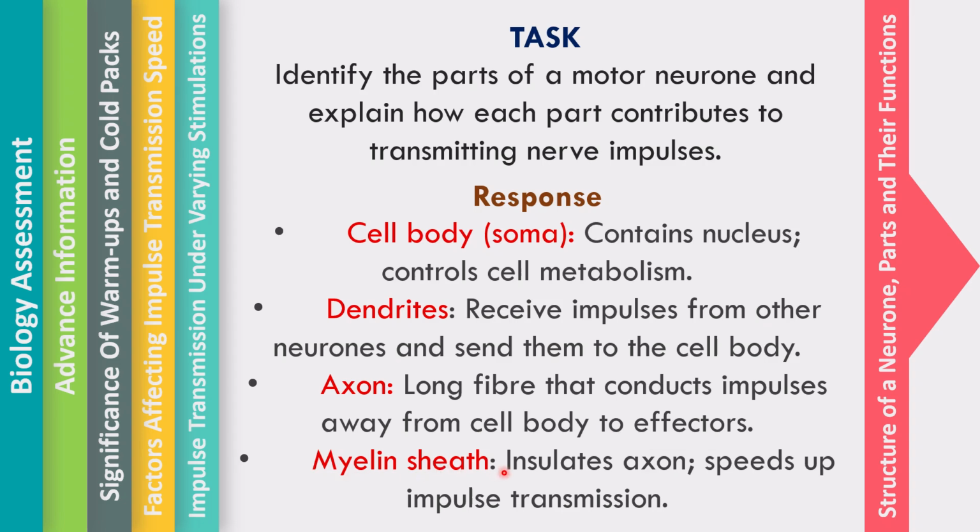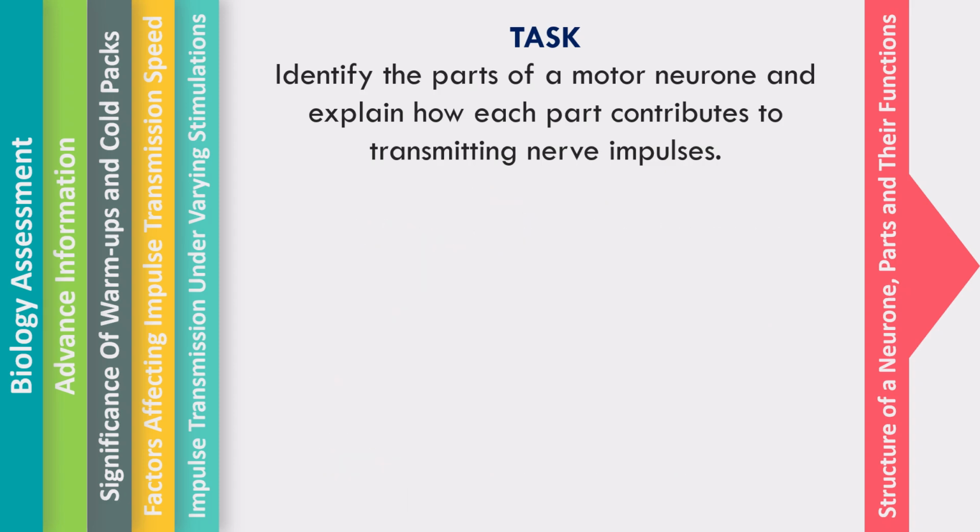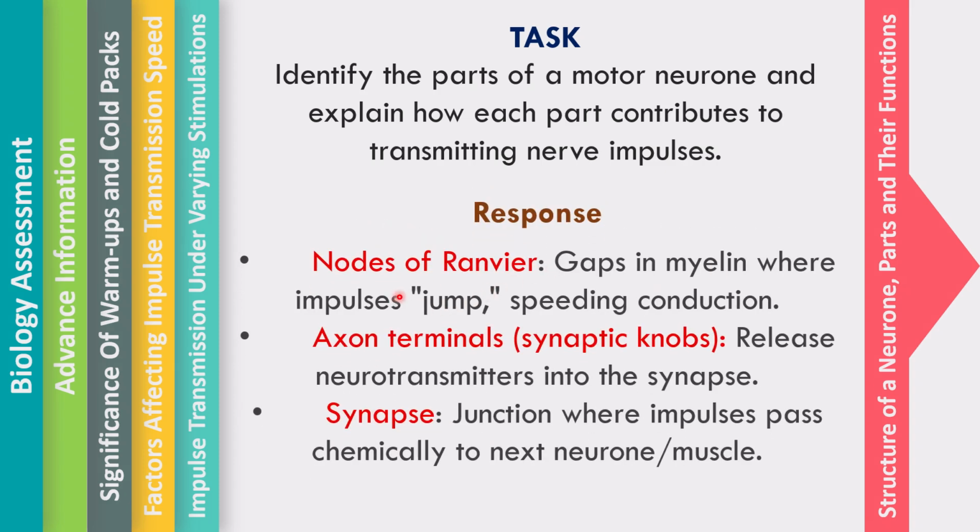Myelin sheath, insulates axons, speeds up impulse transmission. Nodes of Ranvier, gaps in the myelin where impulses jump, speeding conduction.